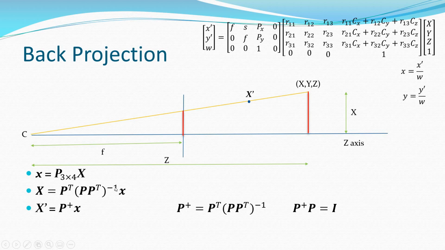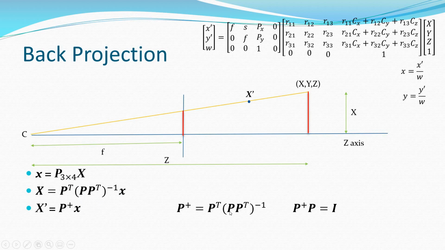Given this least squares estimate, you can find some point that is on this line. You will most probably not get the point that you want, but you can at least get some point on this line which can be termed as x dash. We can denote that as x dash is P plus x, where P plus is nothing but this thing over here.